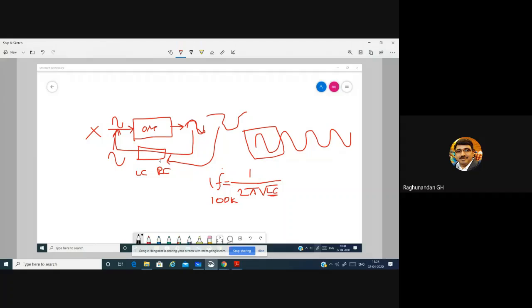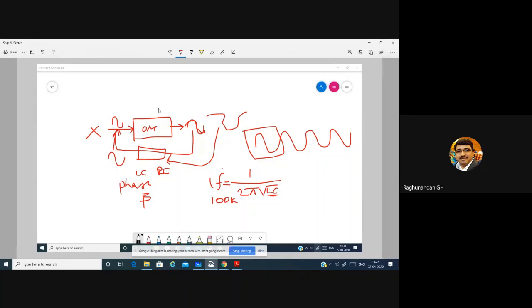As you have seen in the concept of feedback, the feedback network is not only giving the frequency, it also gives the phase difference. It also increases the gain of this feedback signal. That factor we call beta. Beta is the feedback factor.